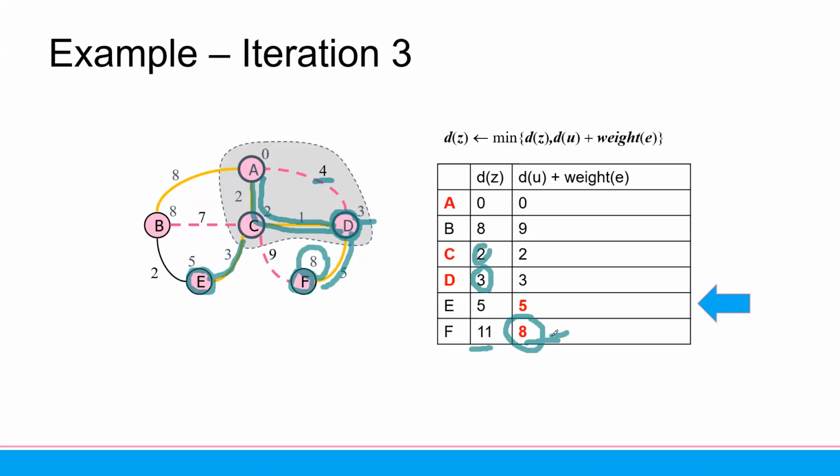Of course, 8 is the minimum. Then we will update F with the new value 8, and E is still the same, which is 5. And what about B? B is still between the 8 and A to C, and B it is 9. Okay, so we still keep the 8.